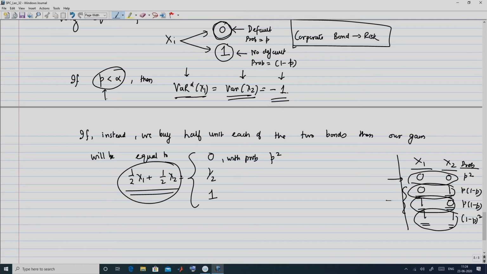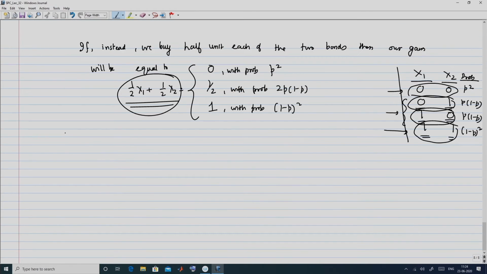Now, for these two cases, we have the combined probability to be equal to twice p into 1 minus p, and the third case we have probability 1 minus p square.